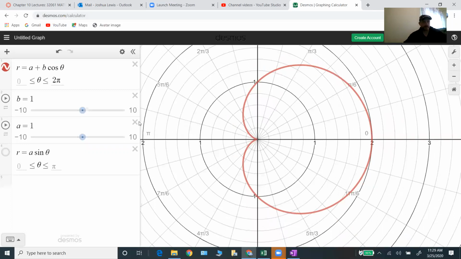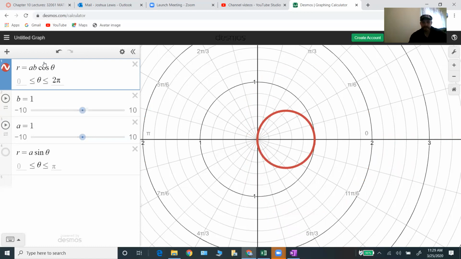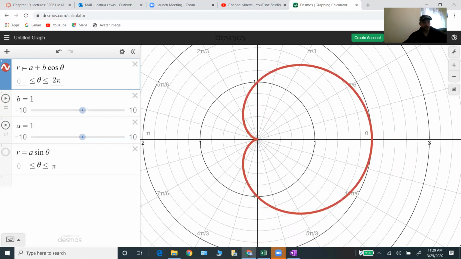Now, notice the form, a plus b cosine theta. This thing's oriented along the x-axis. If I had a minus b cosine theta, we'd have oriented along the negative x-axis, okay? If this a were negative, then what does it do? Oh, not much. What do you know?